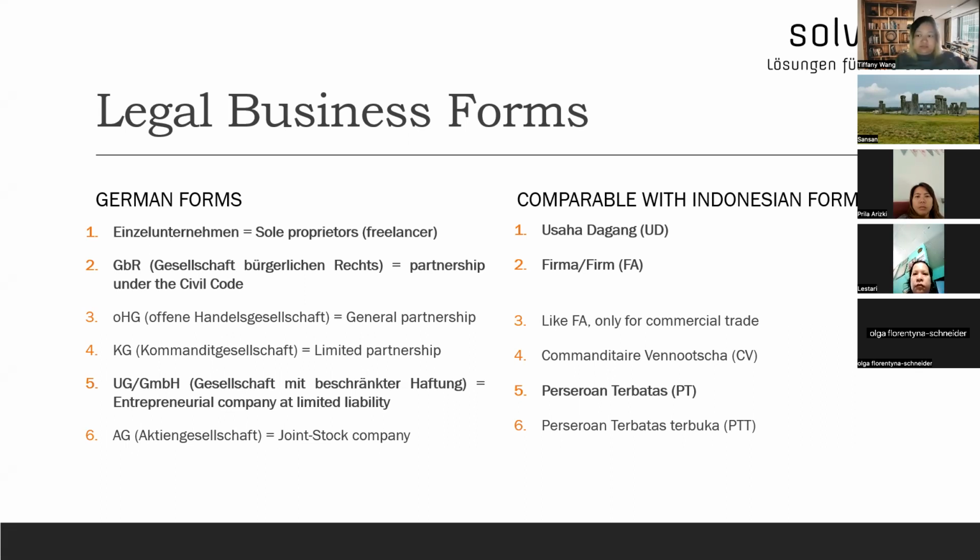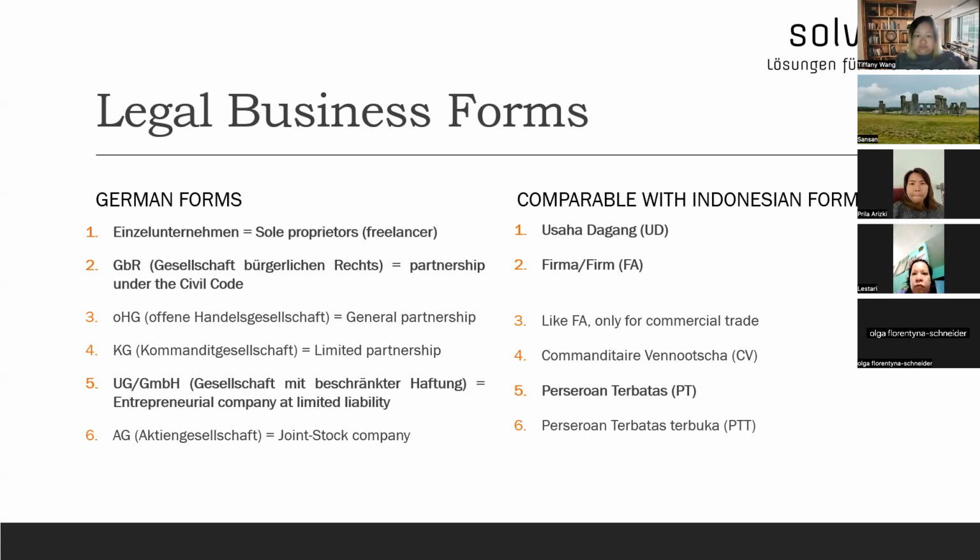The third and the fourth one are the offene Handelsgesellschaft and the Kommanditgesellschaft. As you can see, the Kommanditgesellschaft is like the CV in Indonesia. These are a little more bureaucratic because you need to go to the notary and so on, and you need to make a contract, and it's a special form. And I guess especially if you would like to start a business right now, it's not an option if you don't have any special constellations you would like to join in the process.